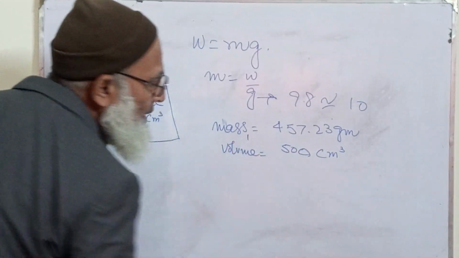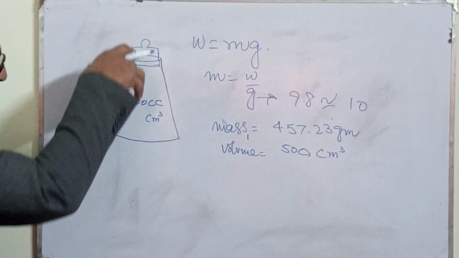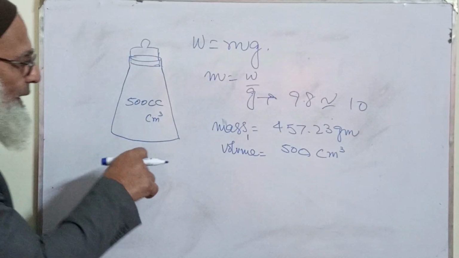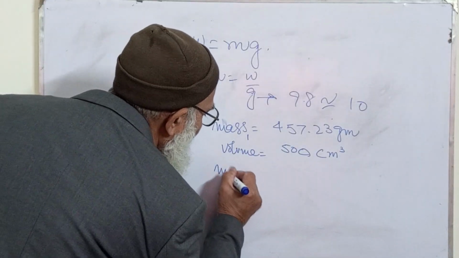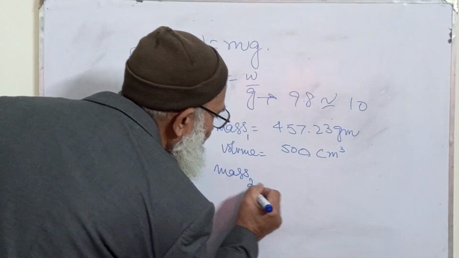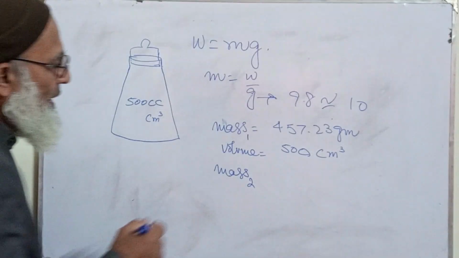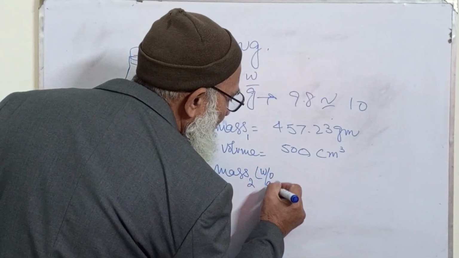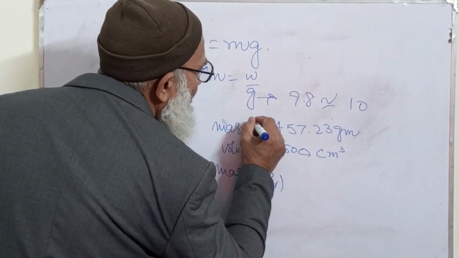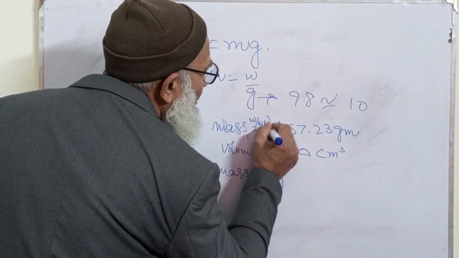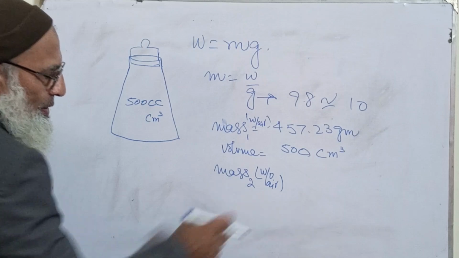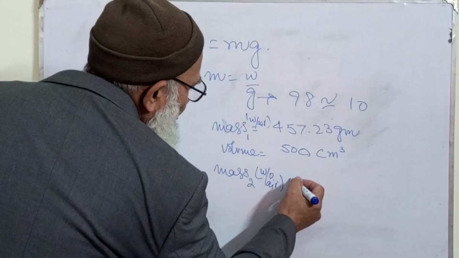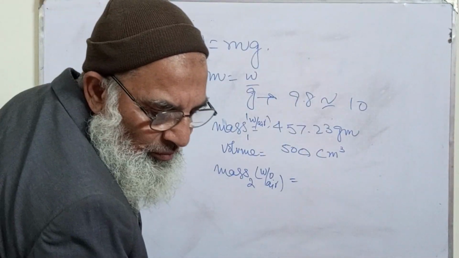This is mass one, M1, when the air is captured inside. And mass two, M2, is when the air has escaped, without air. This is with air. This is without air.